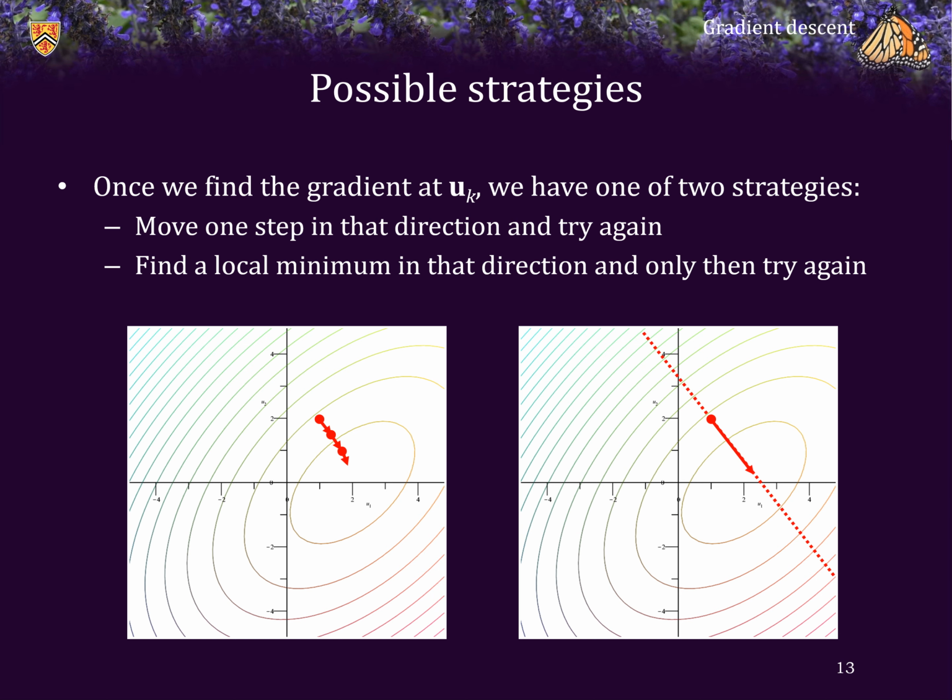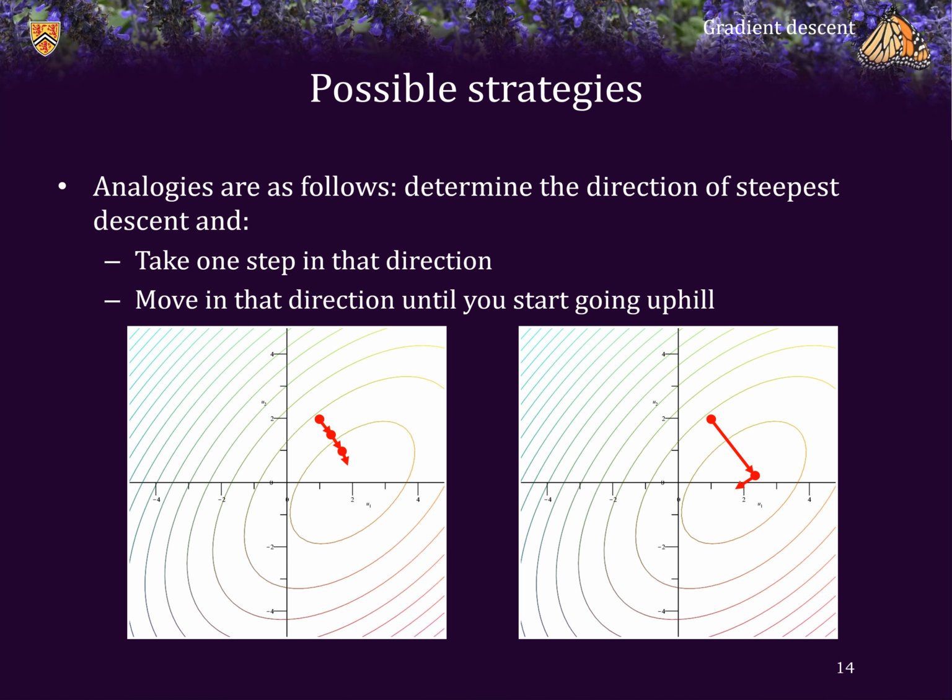At that point, and only then, do you try again, calculating the gradient at that minimum and then move in the direction of the new gradient. The analogies are as follows. We are determining the direction of steepest descent, and in the first case, simply taking one step in that direction. In the second, we are moving in that direction until we start going uphill again.